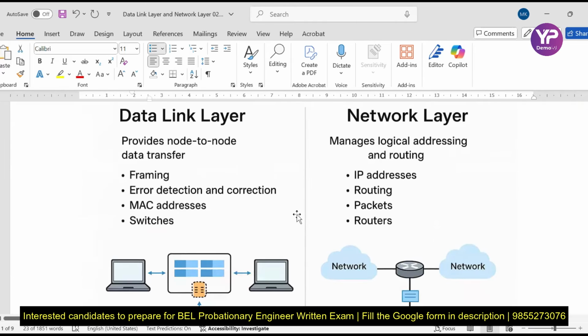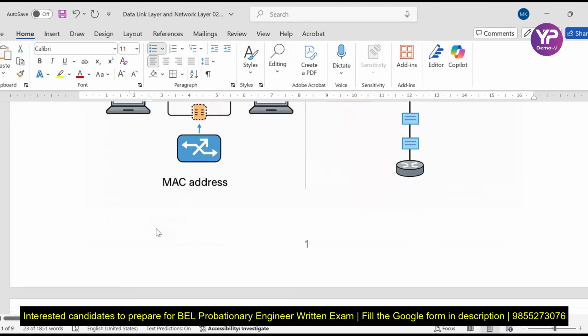It's a comparison between network layer and data link layer. Network layer and data link layer provide node to node data transfer. Network layer provides logical addressing and routing. So these are some of the functionality. We will discuss the network layer, but we know what framing means, error detection, MAC address, and switches.